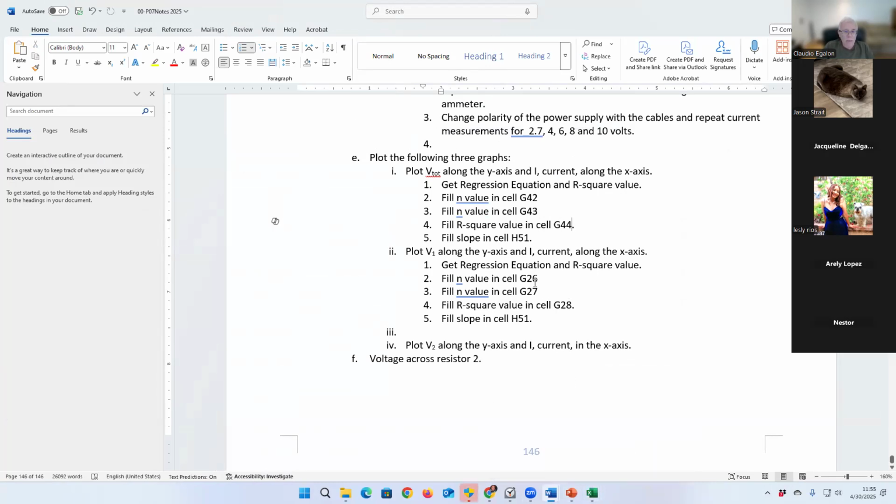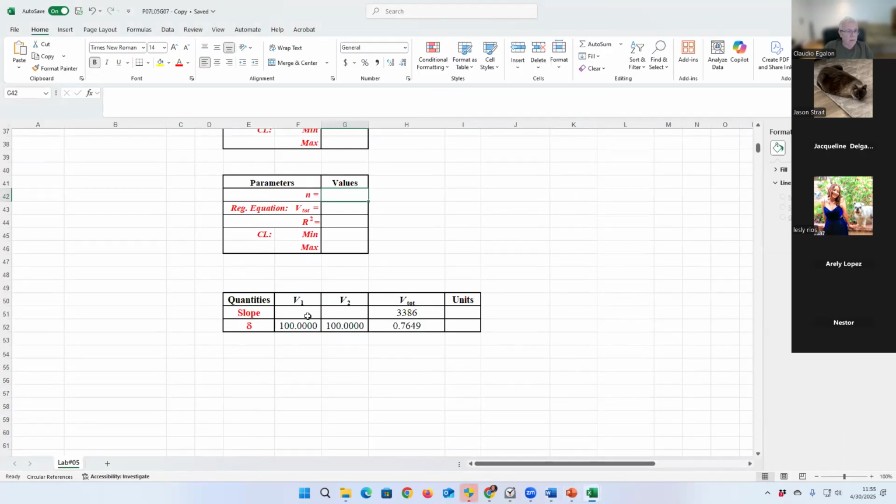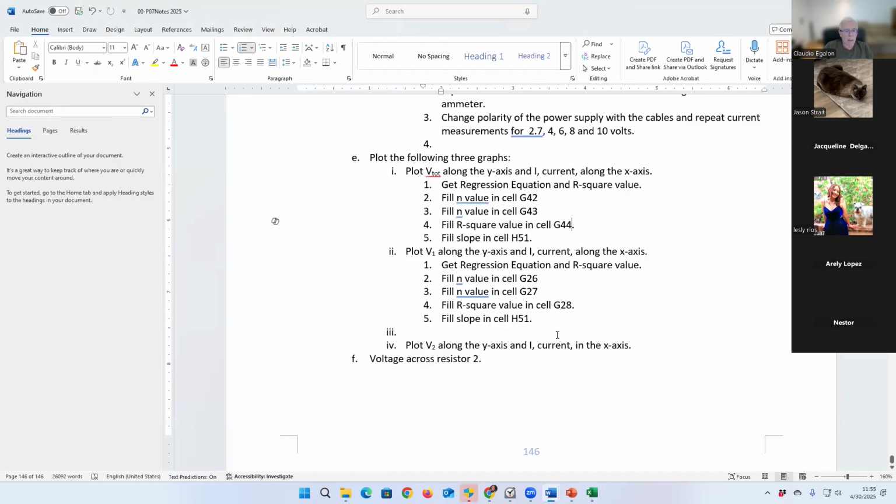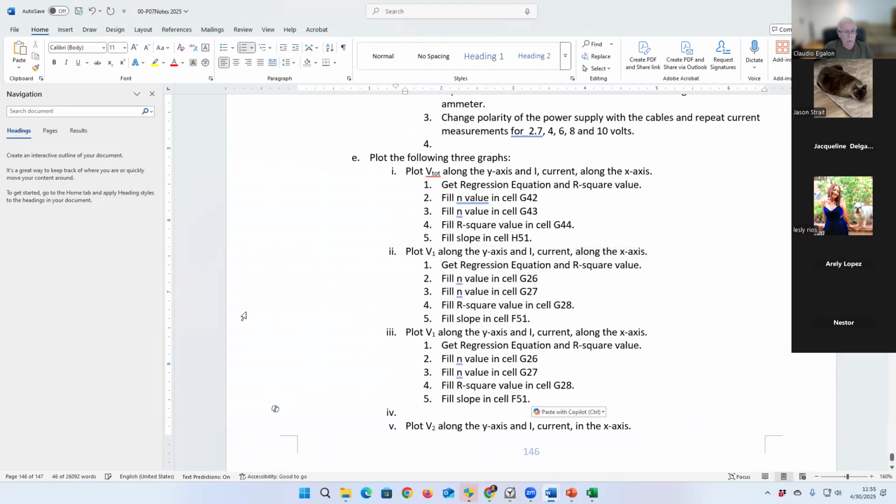For V1 it's 26, 27, 28. The slope here is going to be, let's see which cell. This V1 is F51. In cell F51.